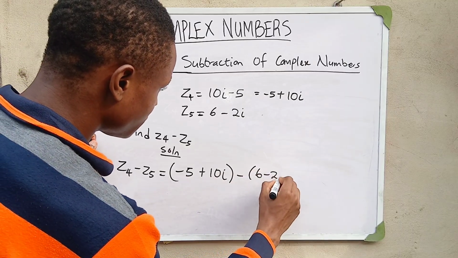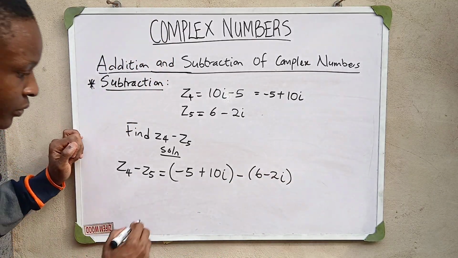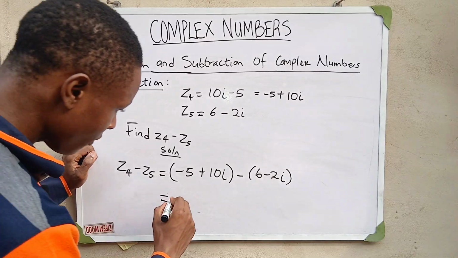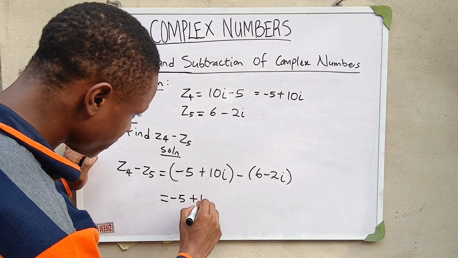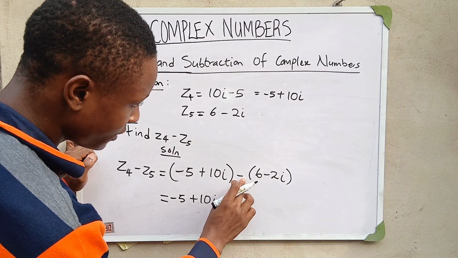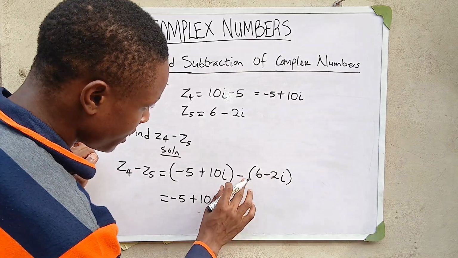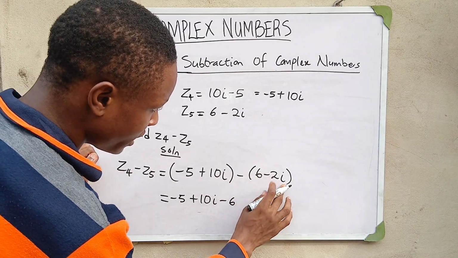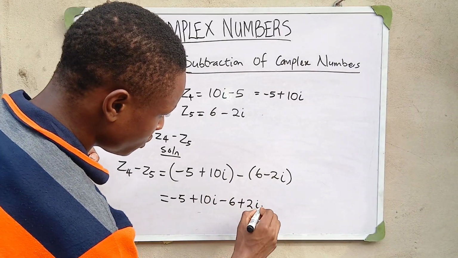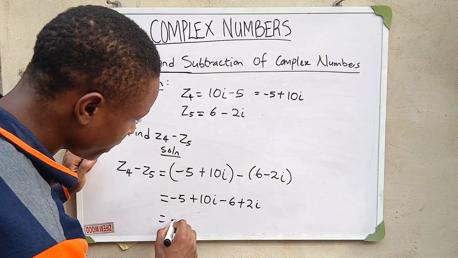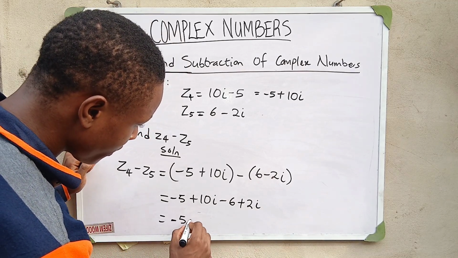Now we have z4 minus z5 to be equal to minus 5 plus 10i minus 6 minus 2i. So this is equal to minus 5 plus 10i, minus times 6 will give us minus 6, minus times minus 2i will give us plus 2i. So this is equal to minus 5 minus 6.